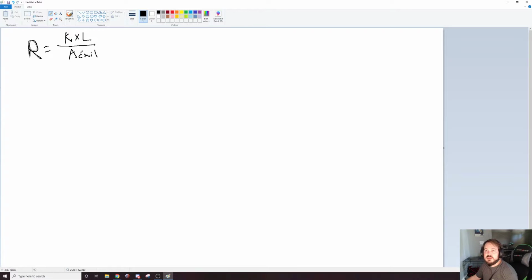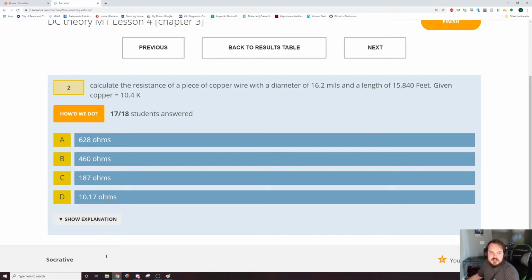K is the resistance value, which I believe was given in the question. L is the length of the wire. Then area in circular mils is the area in circular mils. So let's get some numbers. We've got 10.4 K. It has a diameter of 16.2 mils.